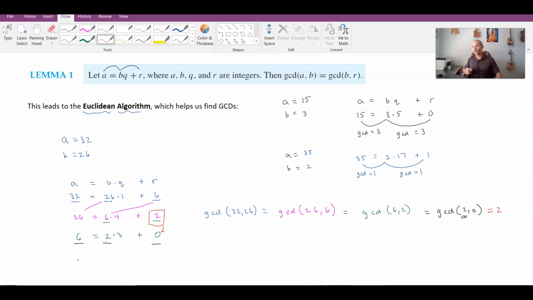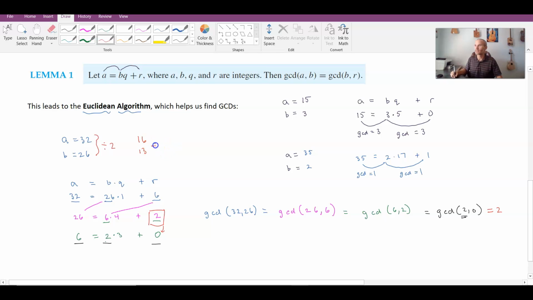One way you might hunt for the GCD, without knowing this algorithm, is to just start dividing these numbers by something. So does 2 divide it? Okay, so if 2 divides it, and I divide both of these by 2, then I get 16 and 13. And then I keep trying to repeat this to see if there are additional divisors. And then I could multiply all of those divisors together to find the GCD.